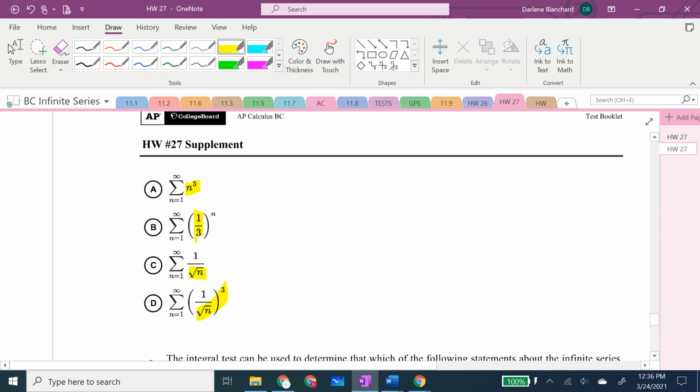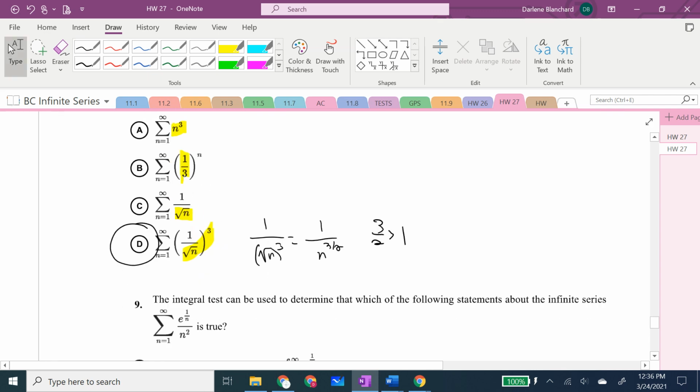And when I come together with this, and I simplify, this is the square root of n cubed in the denominator, which means it is n to the 3/2 power. 3/2 is greater than 1. That is a converge for a P series. There we go.